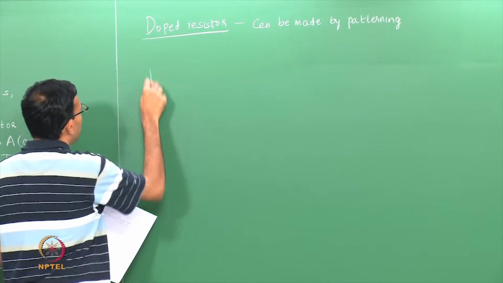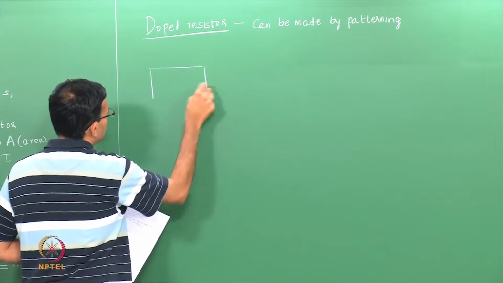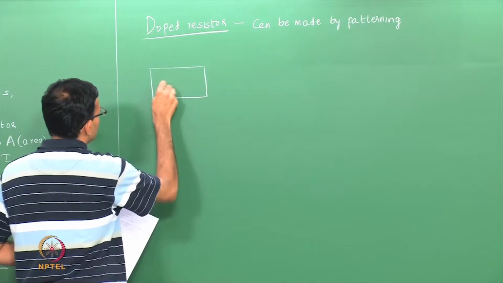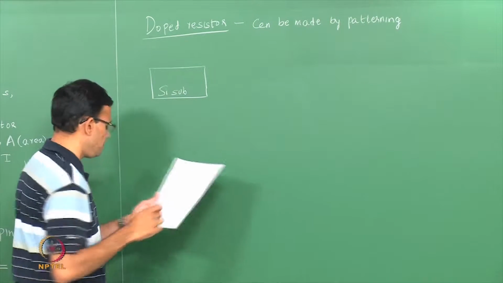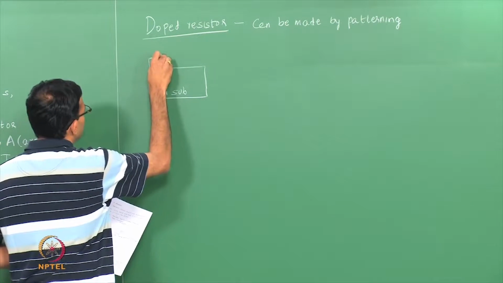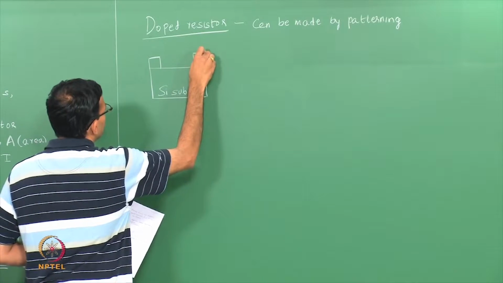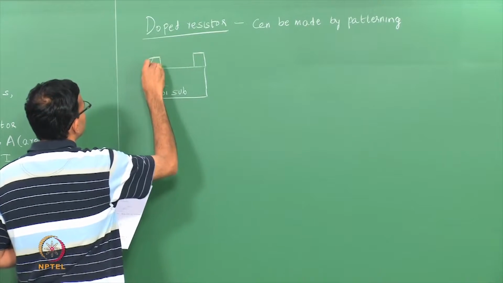So, the simplest idea is you have a piece of silicon. So, this is your silicon substrate. You expose a certain region of the substrate.